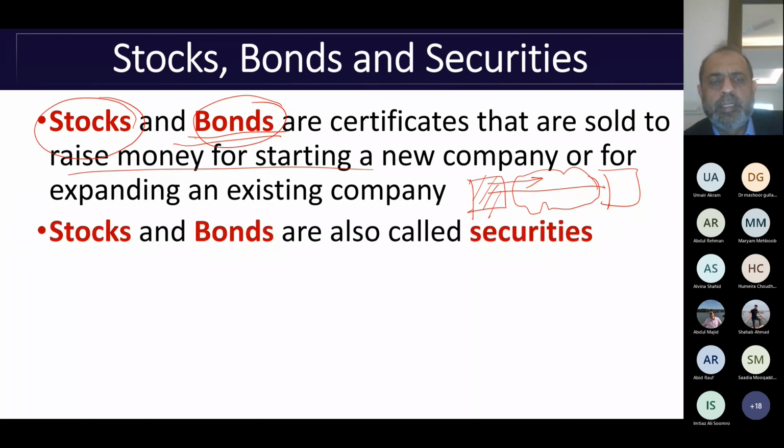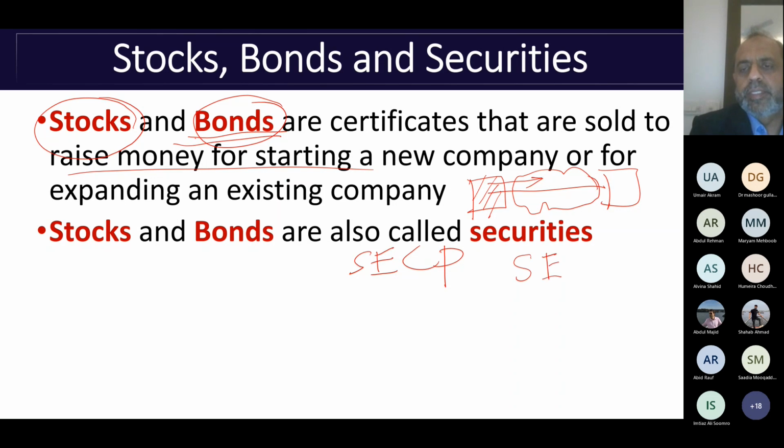And once we talked about security, that is what we have, the Security and Exchange Commission of Pakistan, SECP, because every country has a Security and Exchange Commission. So it has to be governed because the businesses are getting money. It is public money. They want to make sure that nobody robs the public of their valuable assets and money.